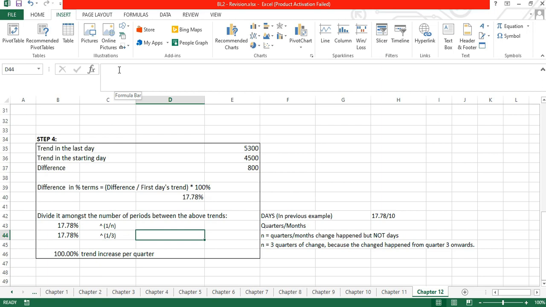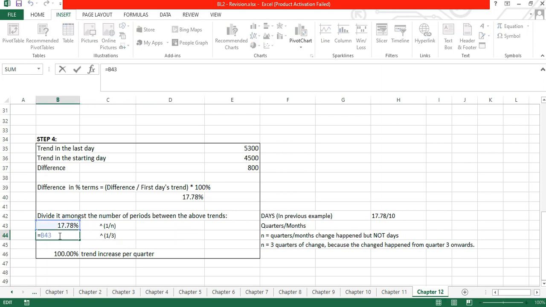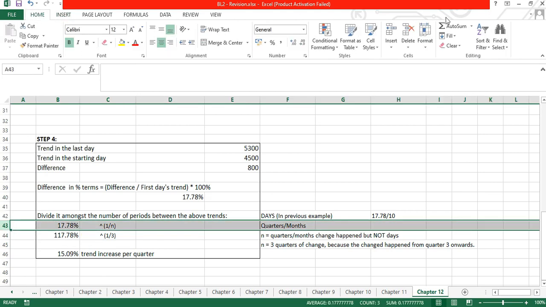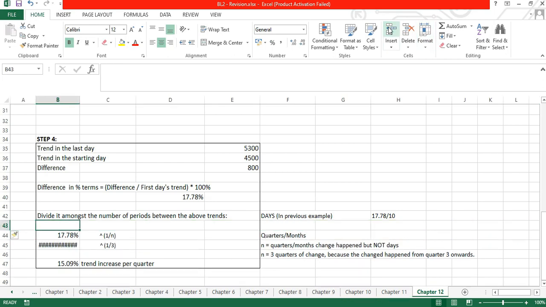So 17.78%. Another thing: straight away you won't take 17.78. You will add 100% to it. So this formula is a learning point. Write it down in your notes.